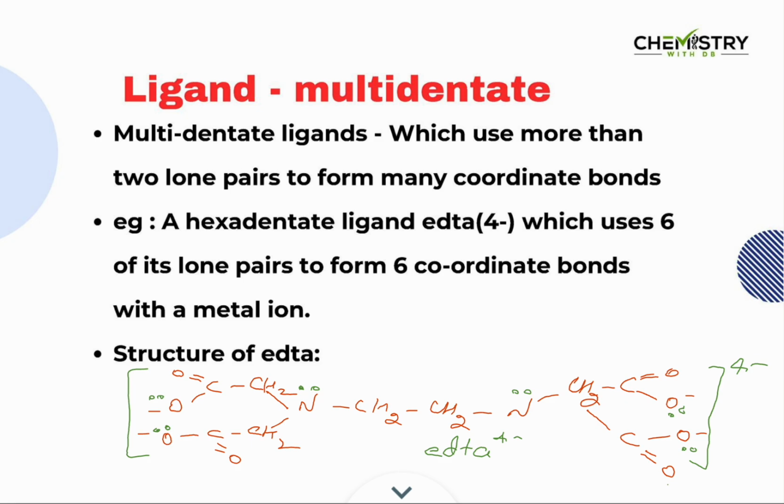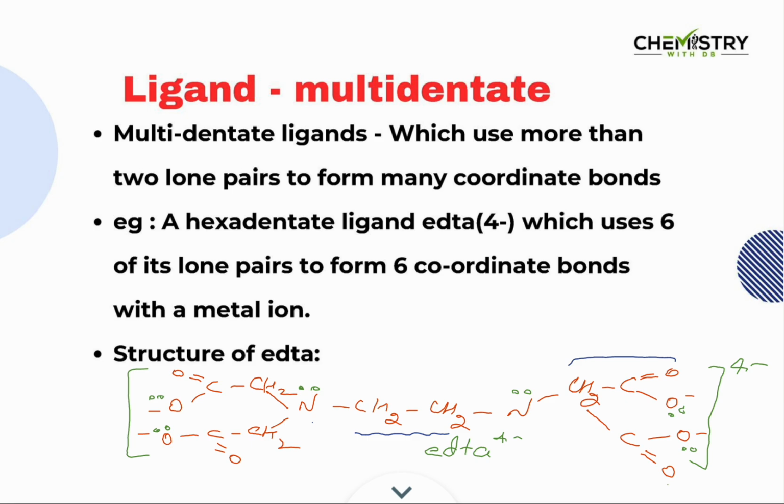So the structure of EDTA seems to be complex, but it's not, because if you look at the full form of EDTA, it's ethylene. Ethylene means these CH2 CH2, diamine because it has got two nitrogens here bonded to alkyl groups, and tetraethanoate ions. So these are the ethanoate ions. There are four of these. So therefore it's ethylenediaminetetraacetate.